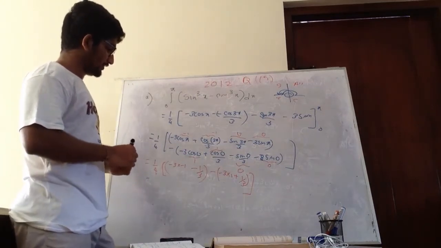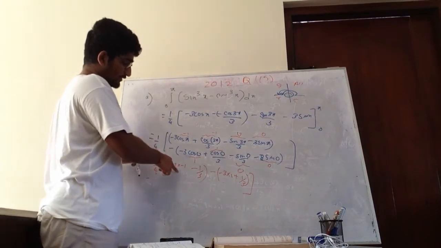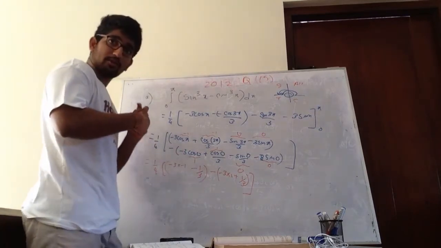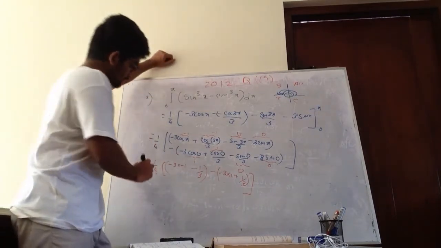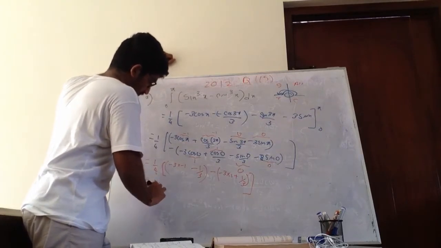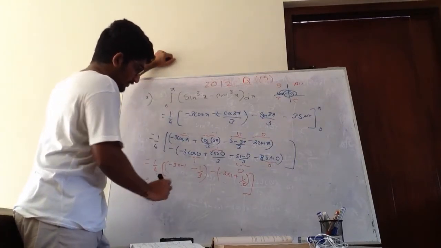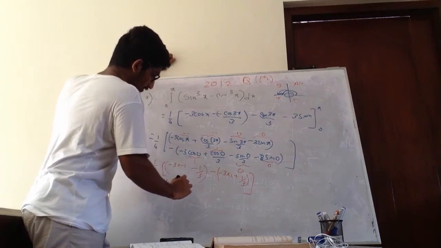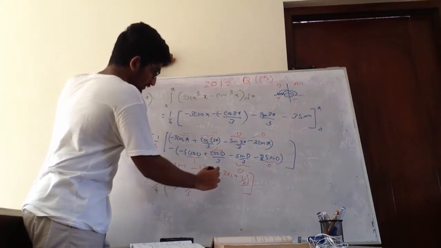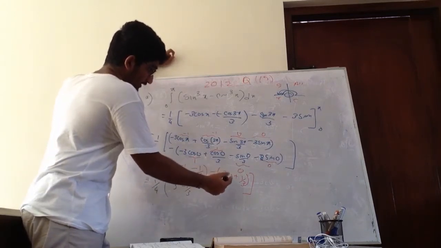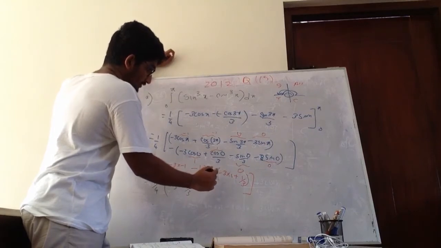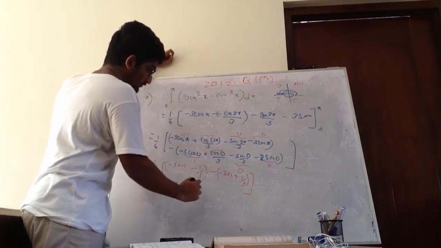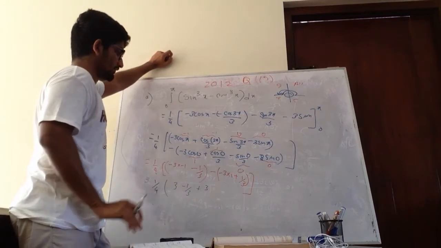Then basically what do you get? This is positive 3. Positive 3 minus 1/3 is what? So let's see, this is positive 3 minus 1/3. This is minus 3, and minus 3 into minus is positive 3.